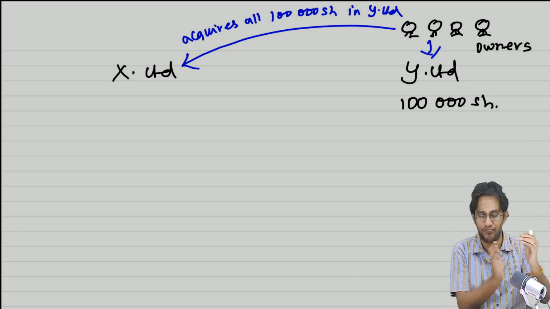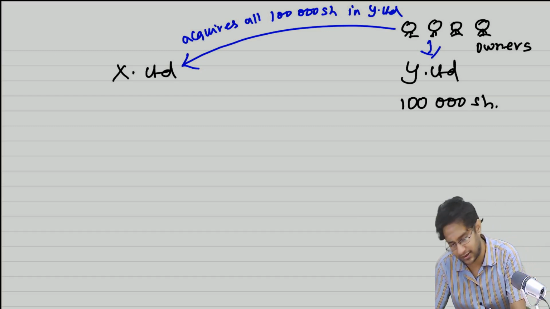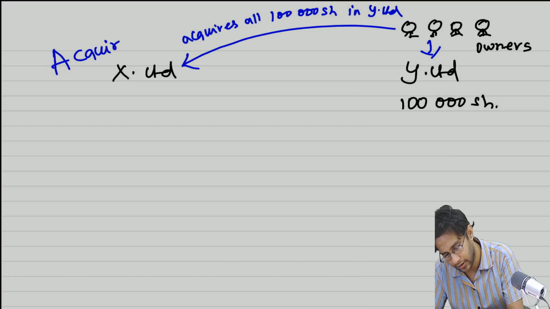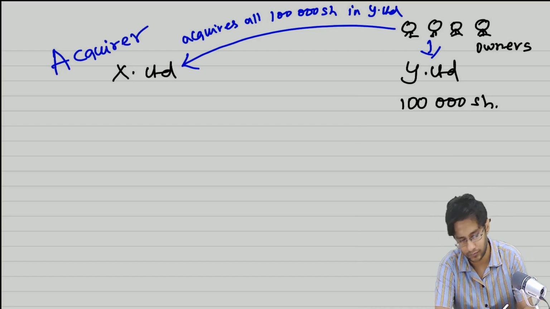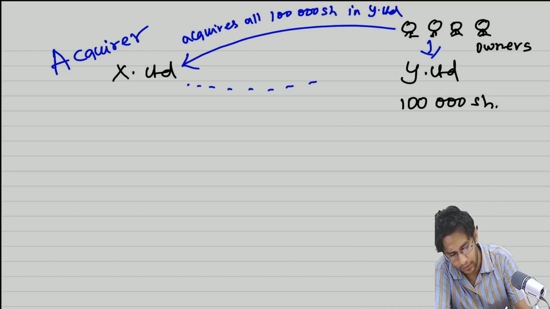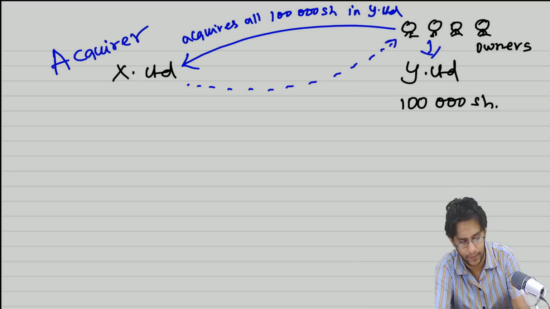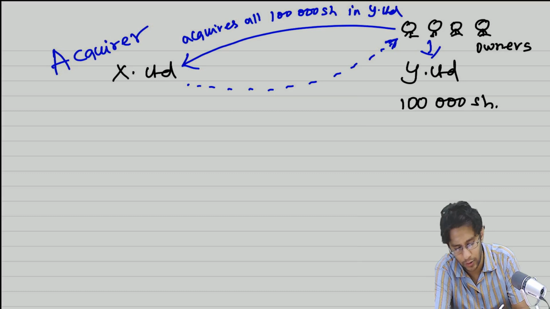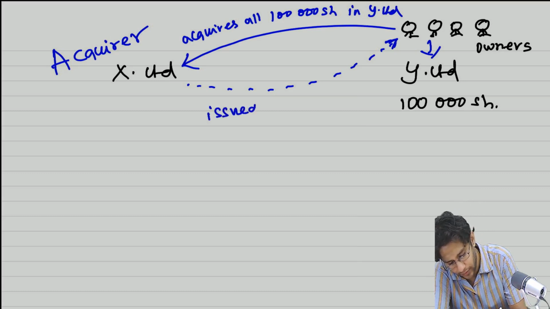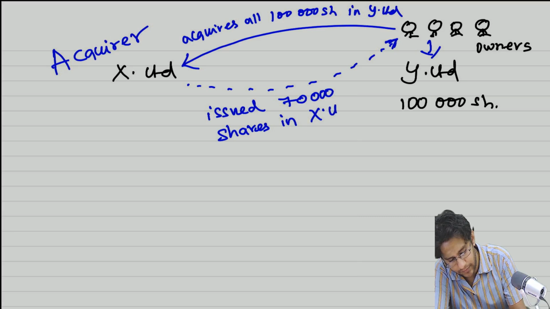So X has obtained control over Y Limited. So X Limited is clearly the acquirer. And we have to pay PC to them. And PC, we have not given them cash. We issued 70,000 shares in X Limited.